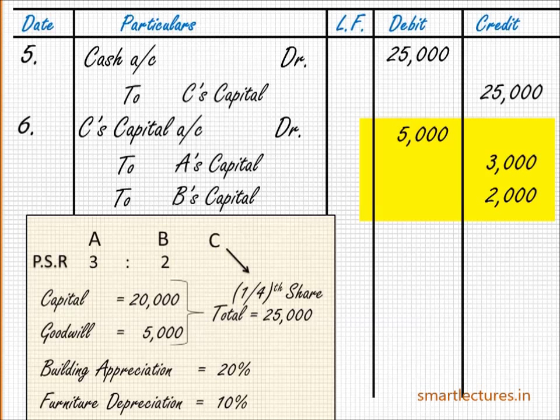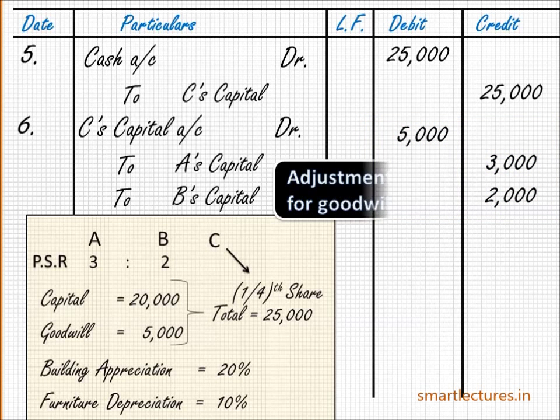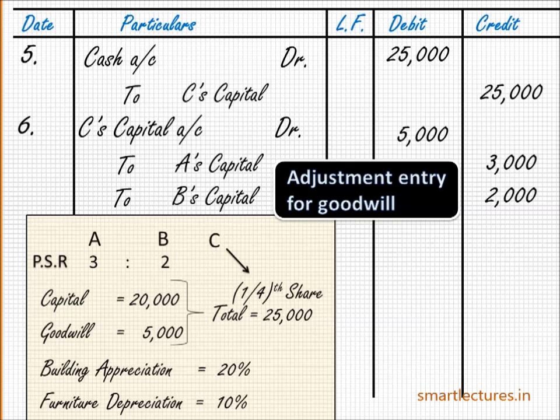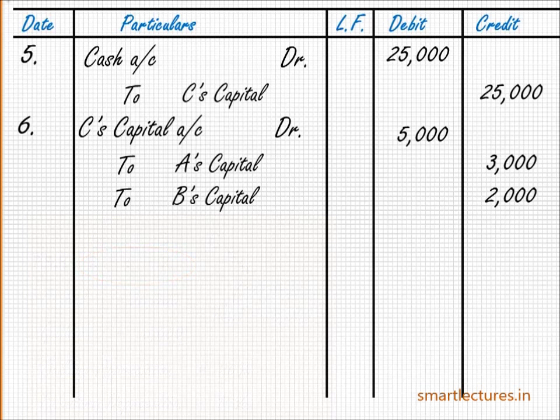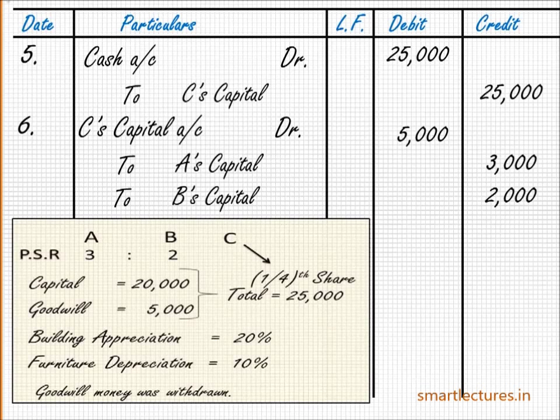Be careful. This is the adjustment entry for goodwill, and this journal entry is always passed in sacrificing ratio, and our sacrificing ratio is 3 is to 2. One thing more, we have been provided one extra information, and that is that the goodwill money was withdrawn.